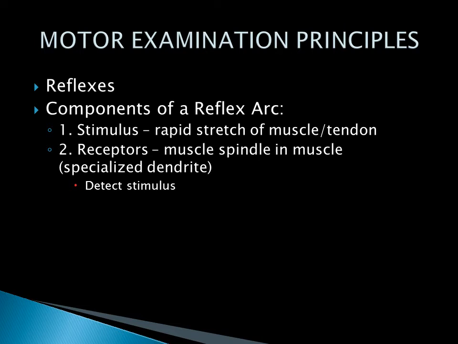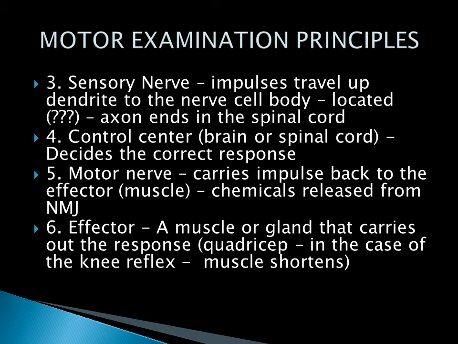And we call these muscle spindles. Really, these muscle spindles are just specialized receptive endings of these unipolar sensory neurons that we talked about a little bit earlier. So it's the receptor that is going to detect the rapid stretch of a muscle or tendon that's imparted by your reflex hammer.